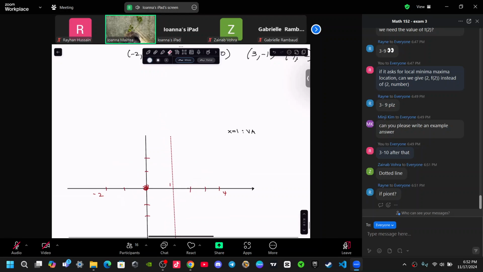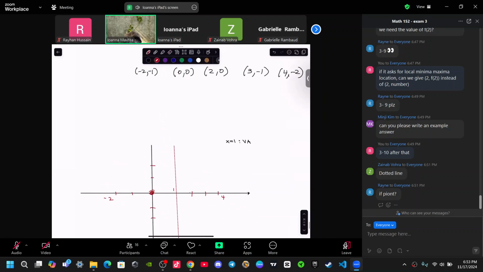Okay, so now I'm going to put the points in before I look at the increasing, decreasing. Because once I put the points in, then I'm going to look at the table to see how to connect the points without crossing this vertical asymptote. So -1, -2.